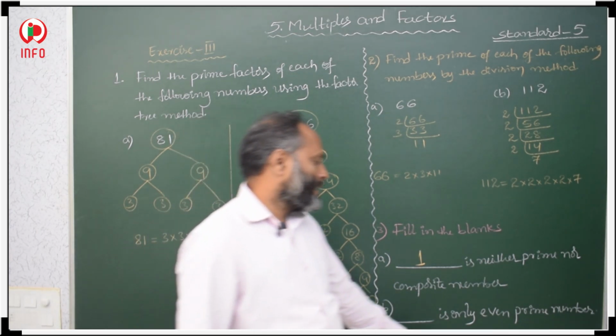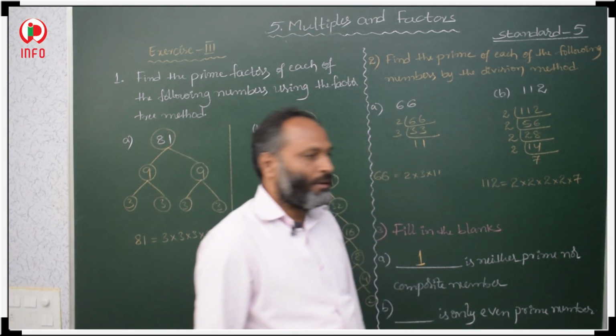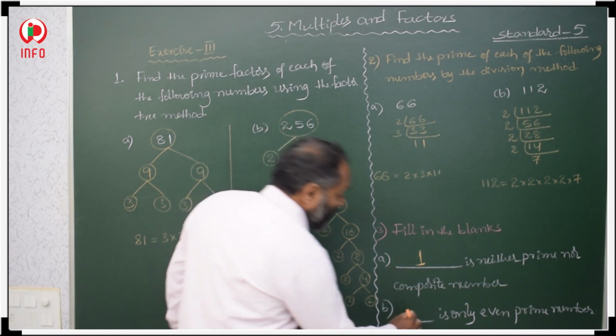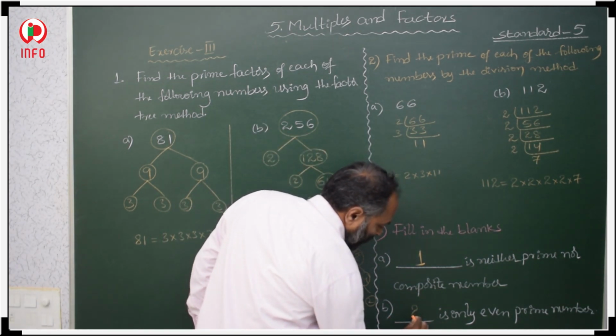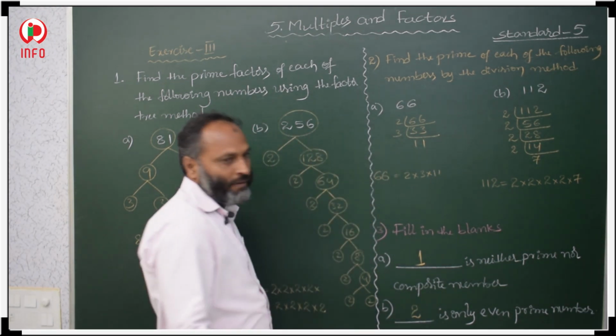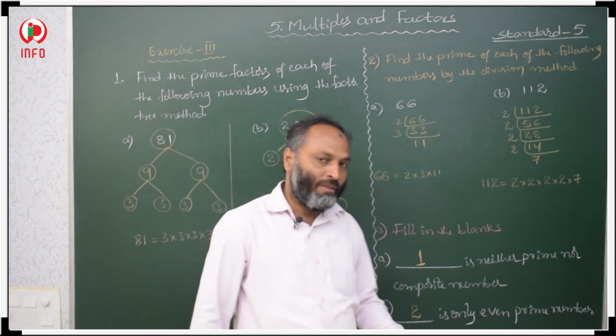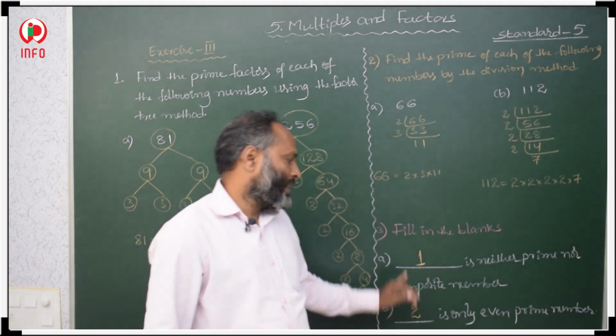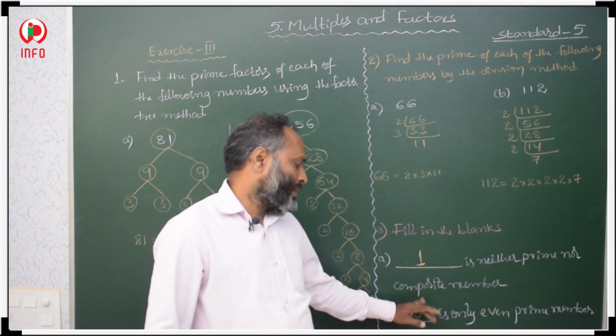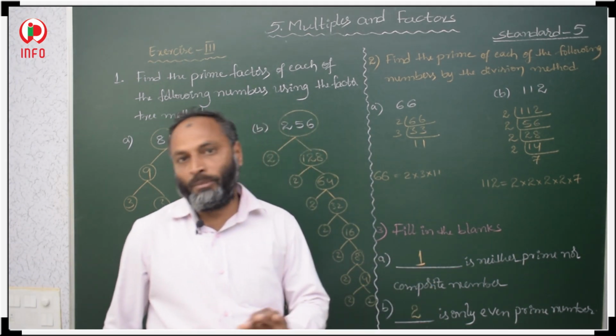And dash is the only even prime number, that is 2. 2 is the only even number which is also prime. Other even numbers are not prime numbers; only 2 is an even prime. So 1 is neither a prime nor a composite, and 2 is the only even prime number.